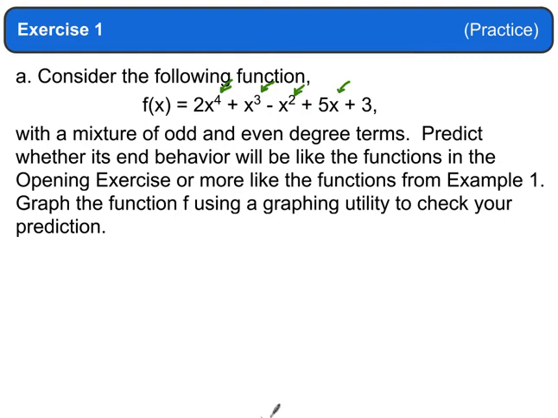Do we expect the graph to have an even characteristic such that it looks more parabolic in shape? Or do we expect it to have more like an odd function, which the endpoints would look like this? And that's what they want us to know. They want us to use a graphing utility to check our prediction.